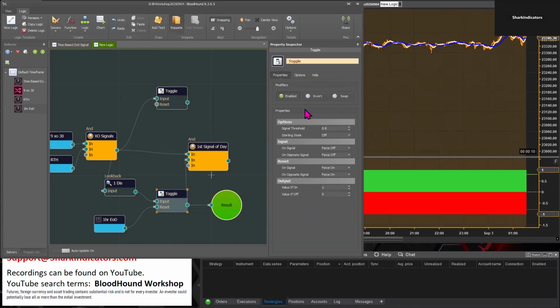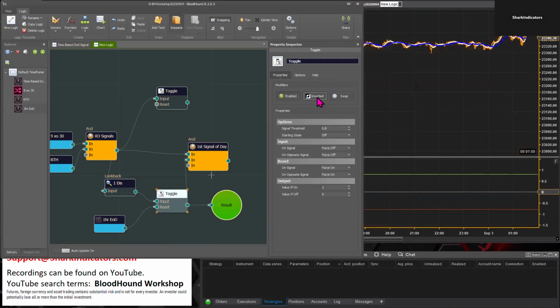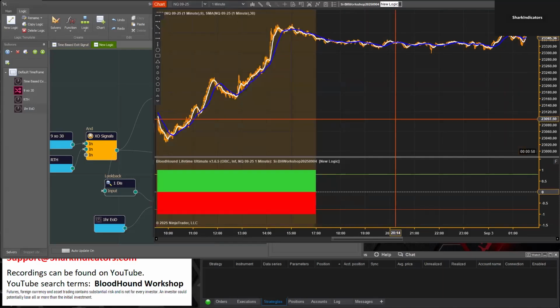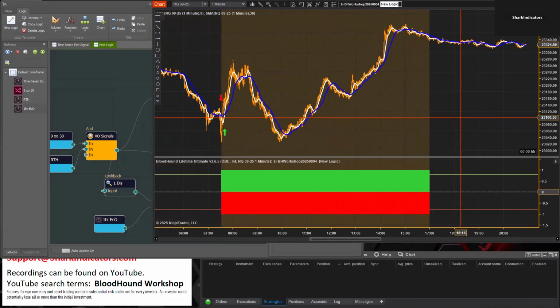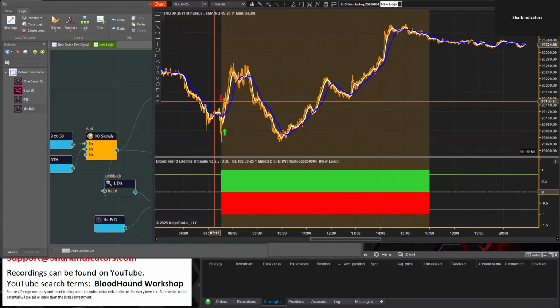And we could also do an invert as well. Essentially, reversing those is also now doing the same as an invert. So if I enable the invert, boom, we get the same exact results. The first signal comes in, turns the toggle node off, but now we've inverted it.